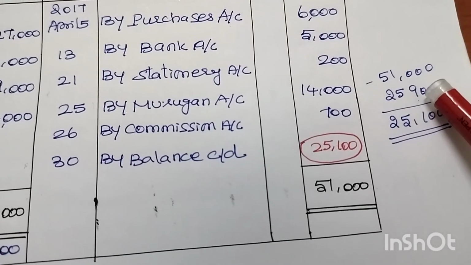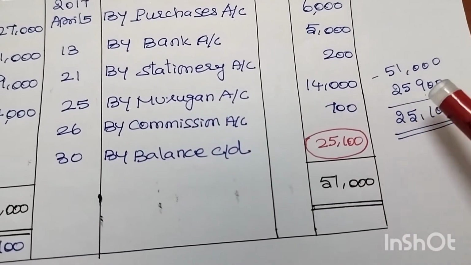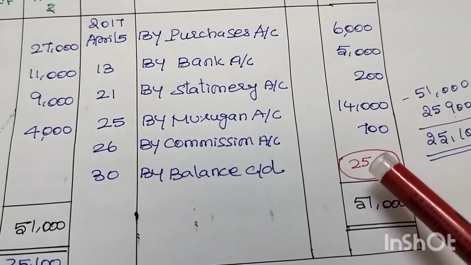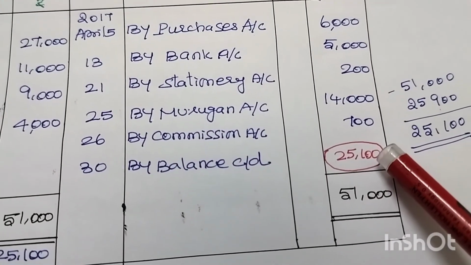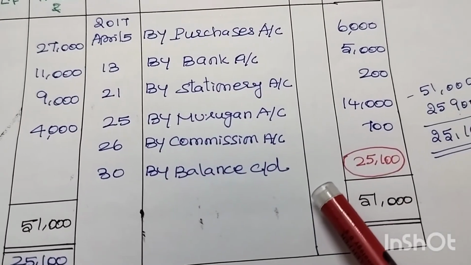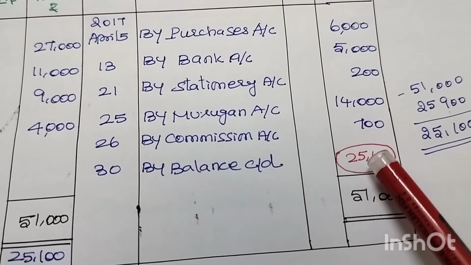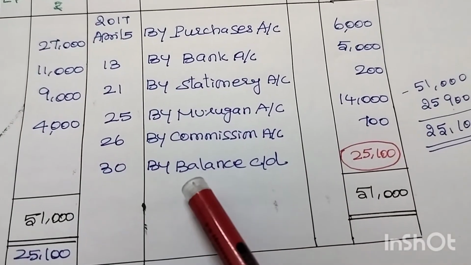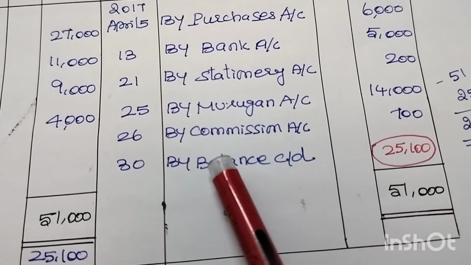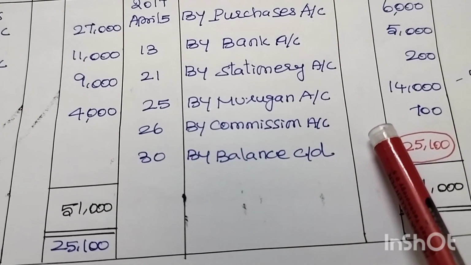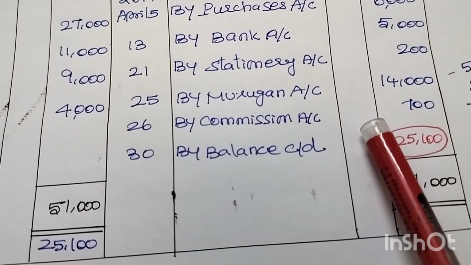So you have to subtract 25,900 from 51,000. You will get 25,100 rupees. So you have to enter this difference into the lesser side, which means credit side. Again you have to write the balance carried down. The difference is to be placed in the amount column of the lesser value.